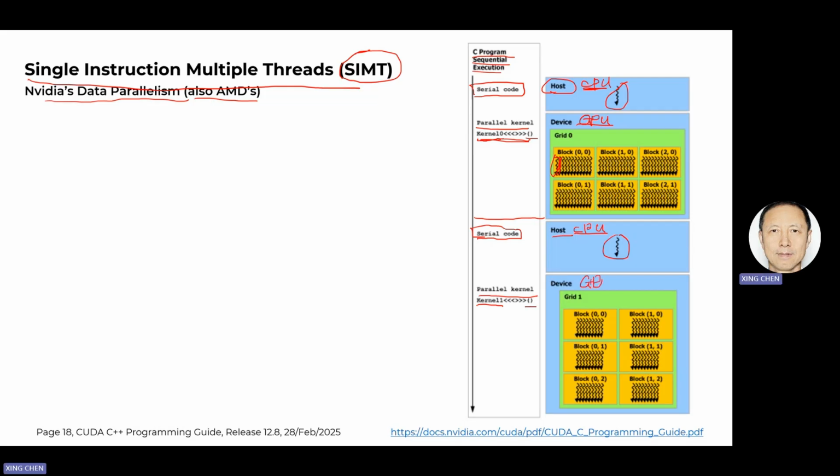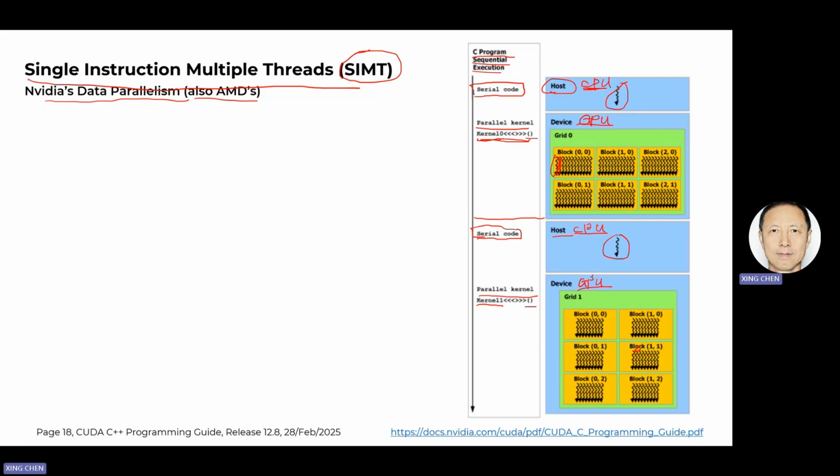This is GPU. Sorry, I'm not used to this writing here. And you are going to have lots of threads to help you. After you have done your job, the threads will be terminated again.